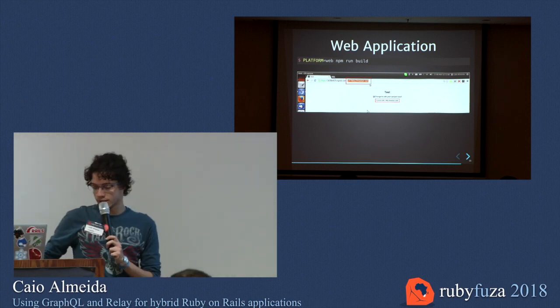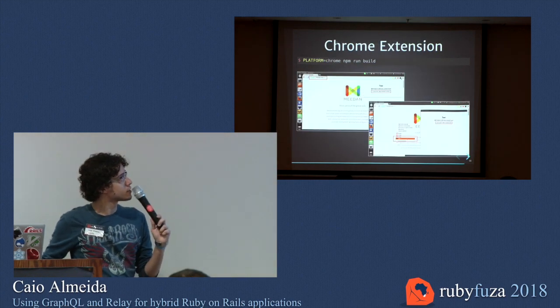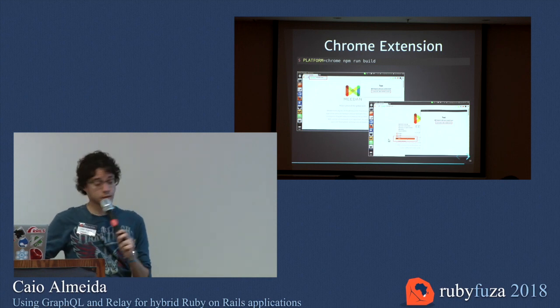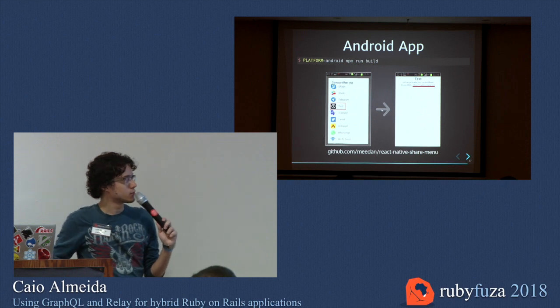So the way we do that is by receiving URLs. For a browser extension, just pass another platform, and the extension is able to read the URL from the current tab, or if you right-click a link, it's able to read the destination of that link. And for the Android application, you are able to invoke your app from the share menu and get whatever was shared into your app.